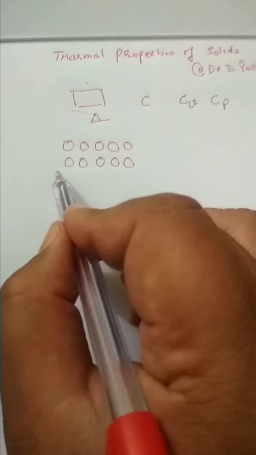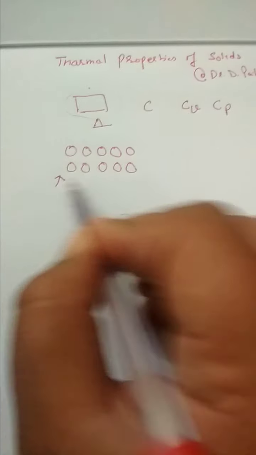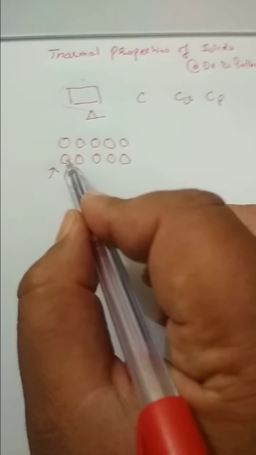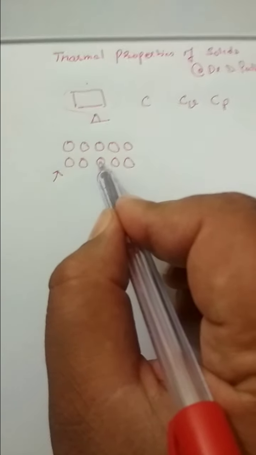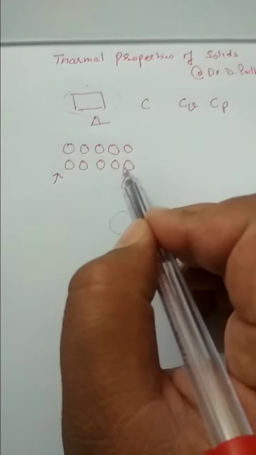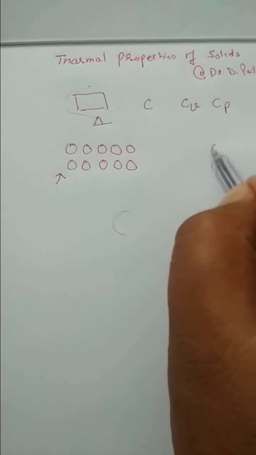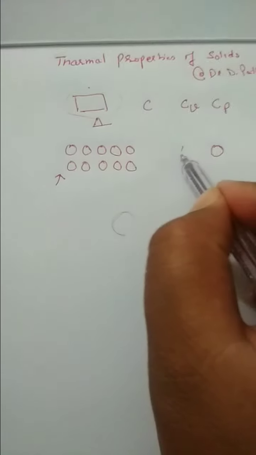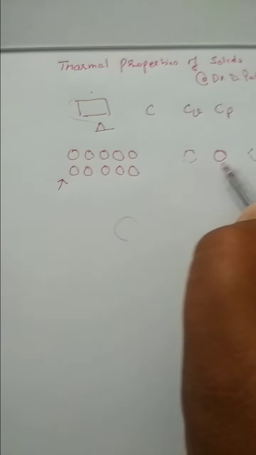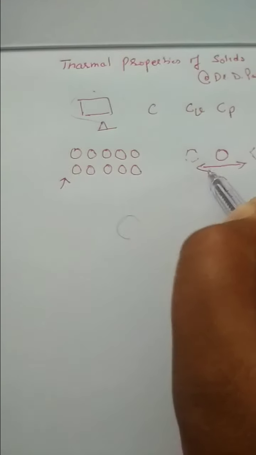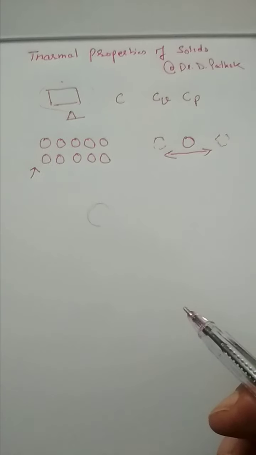Now, when we heat up this corner of the solid, the heat transfers from one atom to the next, and then throughout the material. The atoms don't remain in the mean position, but vibrate between the mean and extreme positions, which is named atomic vibration.